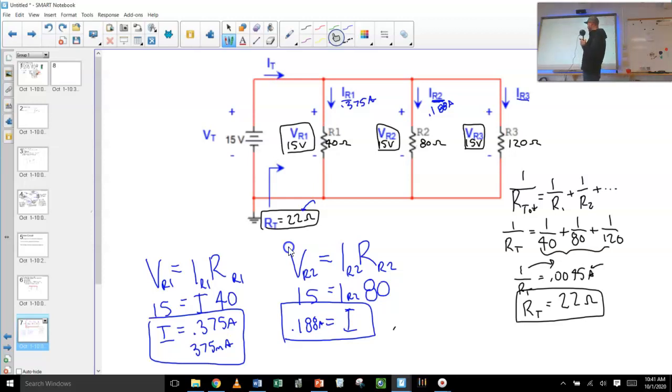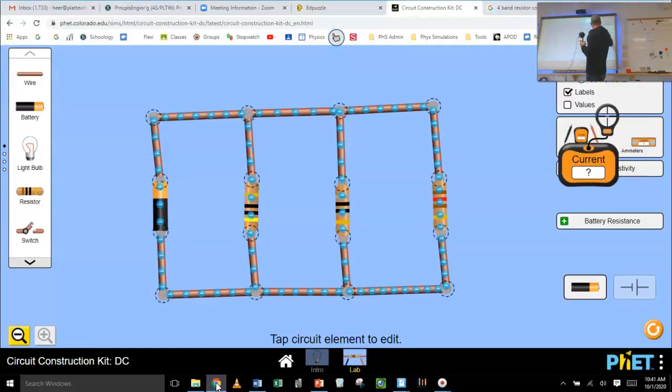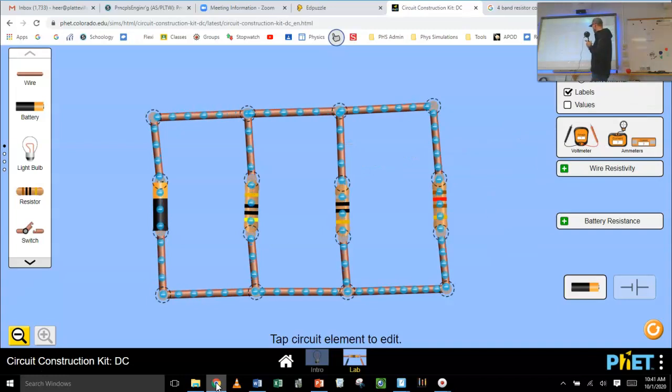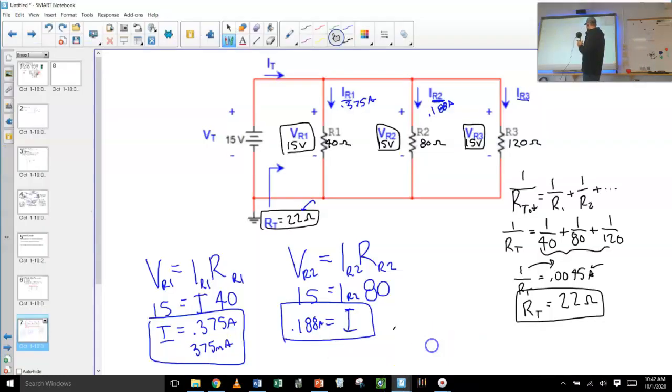Let's just double check though. So on my simulation, go over here. This should say 0.188. What do you know? It does. Everything seems to be working. So go over to my third one. Ohm's law, V equals IR. If I want to find the current through R3, then I have to use all the values for R3. So the resistor is 120 and the voltage is 15.